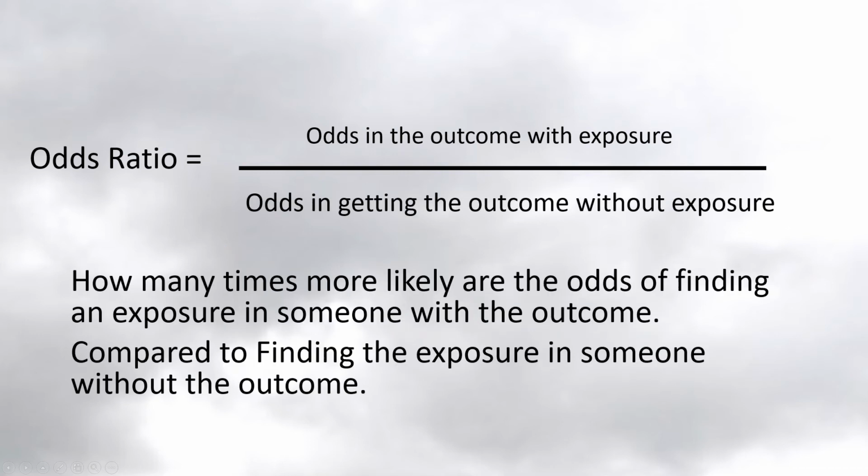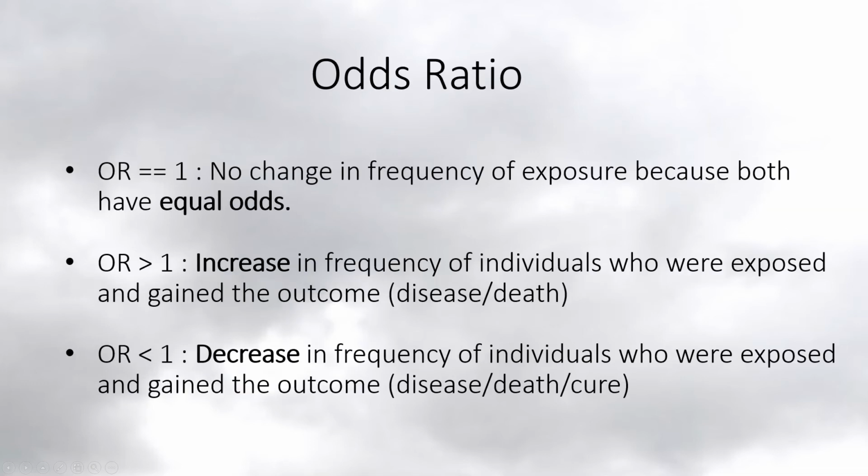How many times more likely are the odds of finding an exposure in someone with the outcome compared to finding the exposure in someone without the outcome? Sometimes getting really precise in your terminology can make you think twice about it. Now, again, we've got equal odds, increased odds, or decreased odds. I covered that in the previous one.